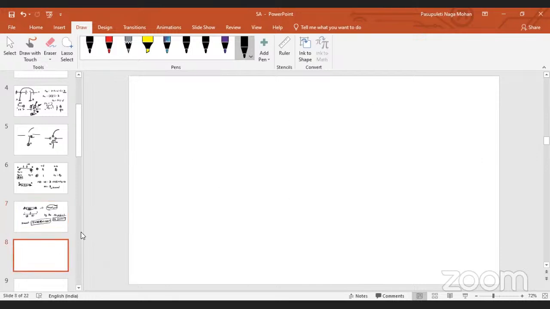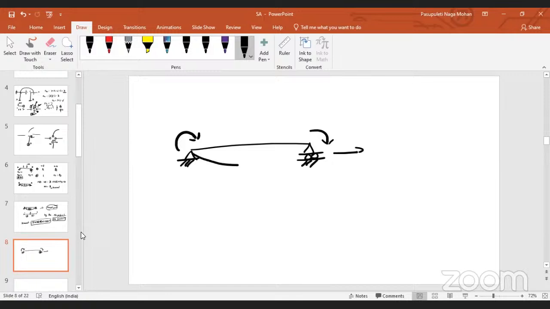For this simple beam, I am assuming these three can be known. If I can find out these three, with their help I can find the displacement at any point in the beam.